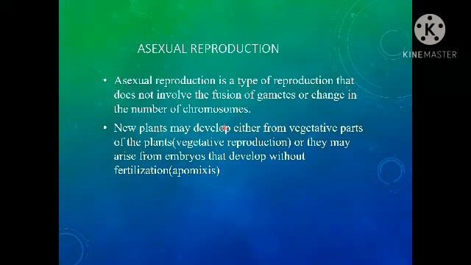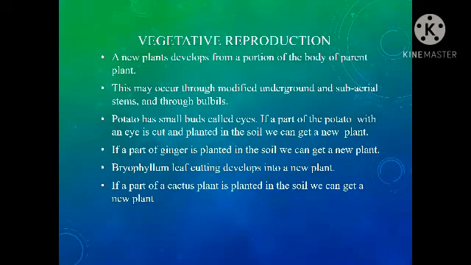The new plants may either develop from vegetative parts of a plant, which is vegetative reproduction, or they may arise from embryos that develop without fertilization, which is called apomixis. In vegetative reproduction, new plants develop from a portion of the body of a parent, and it may occur through modified underground and subaerial stems and also through bulbils.